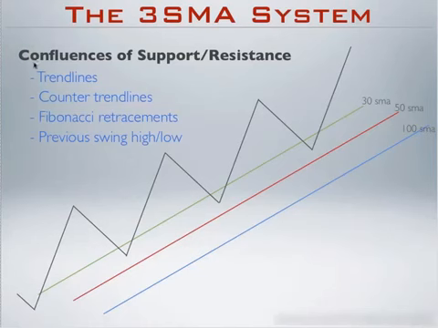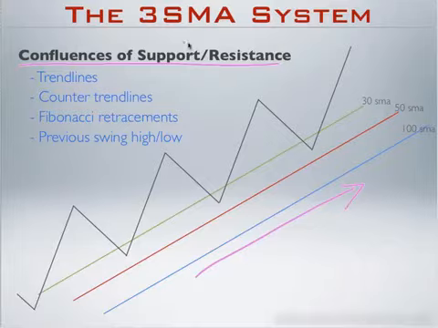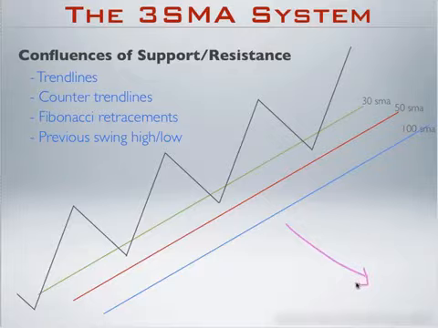Let's start off with confluences of support and resistance. Since I've pictured an uptrend here, obviously we'll be talking about confluences of support. In case we have a downtrend, we'll be talking about confluences of resistance. What's a confluence? A confluence is basically an area in your chart where multiple different elements of support or resistance come together within a few pips of each other.